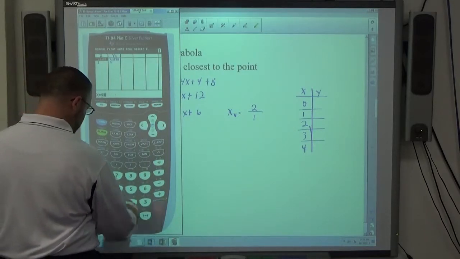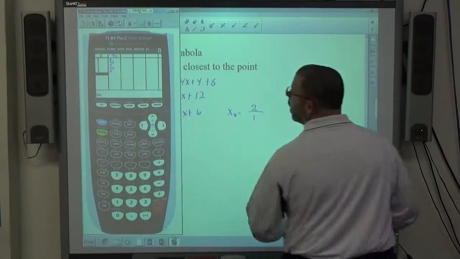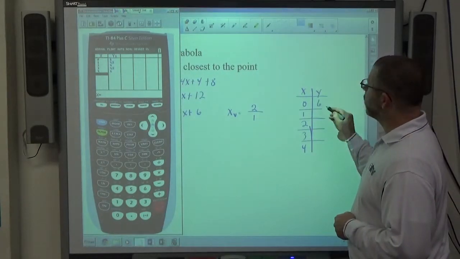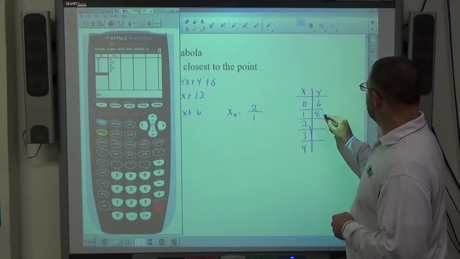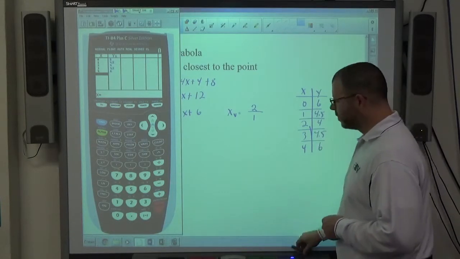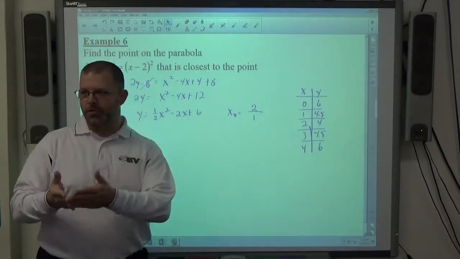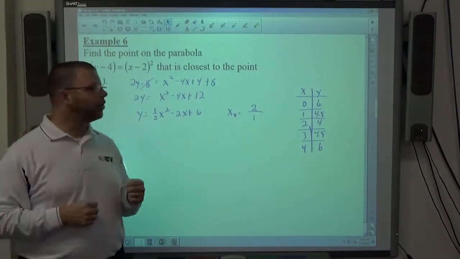We get (0, 6), (1, 4.5), (2, 4), (3, 4.5), and (4, 6). We get the expected symmetry for graphing a parabola. I found the correct vertex value because the symmetry is there on either side of it.